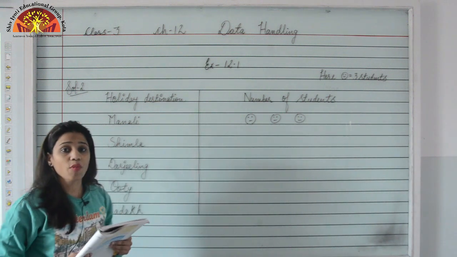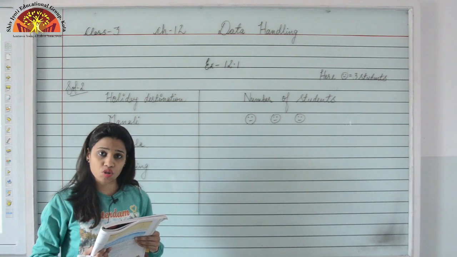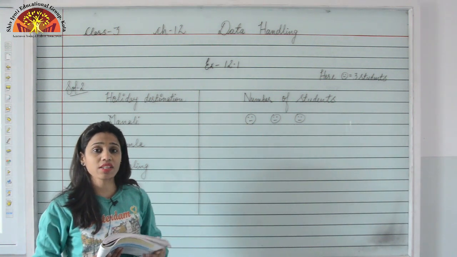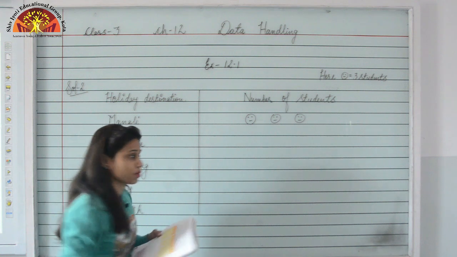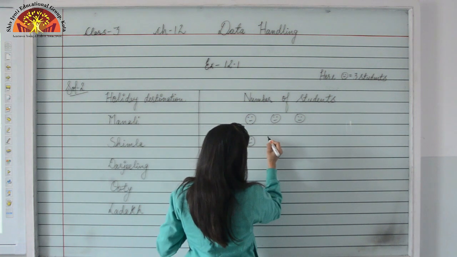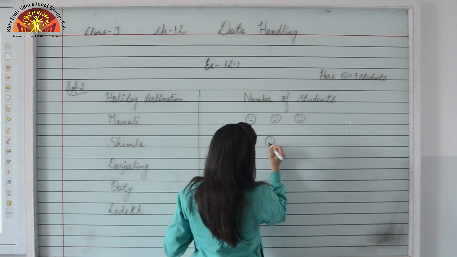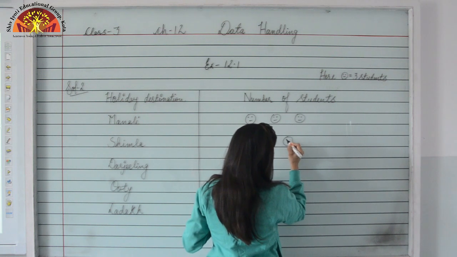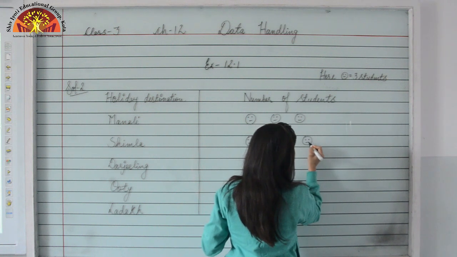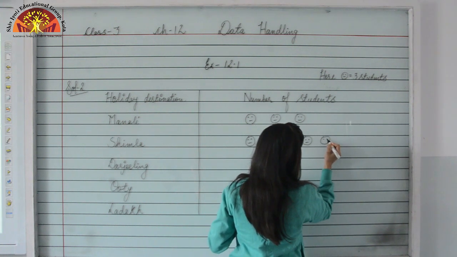Now Shimla, how many students like Shimla? 15 students. Now as each symbol represents 3 students, so how many symbols am I going to draw? 5 symbols. 1, 2, 3, 4 and 5.